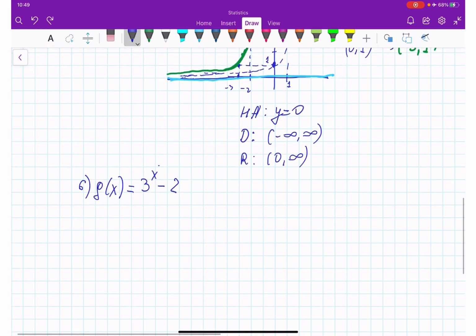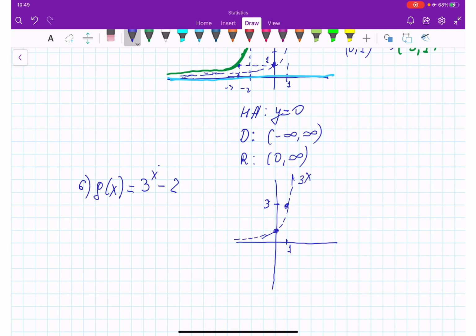So, first of all, we have to draw 3 to power x. So this is 1, this is 3, point here, 3 to power x.